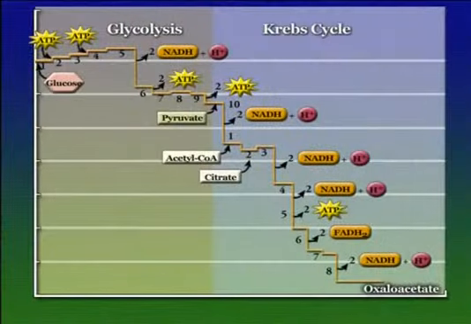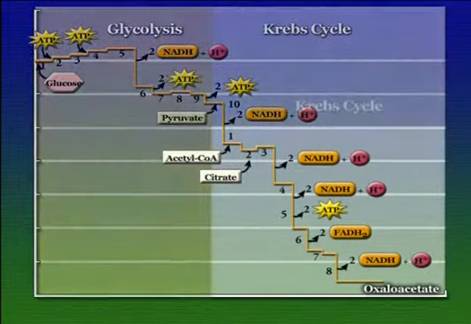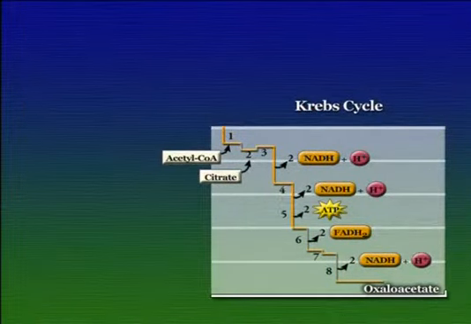Now, the 4-carbon compound, that's the last compound in the Krebs cycle, that's the oxaloacetate, is also a fairly low-energy compound. In other words, if we're just graphing the steps of the Krebs cycle in a graph of energy over time, we would start out with citrate at the top, and we would end at oxaloacetate at the bottom.